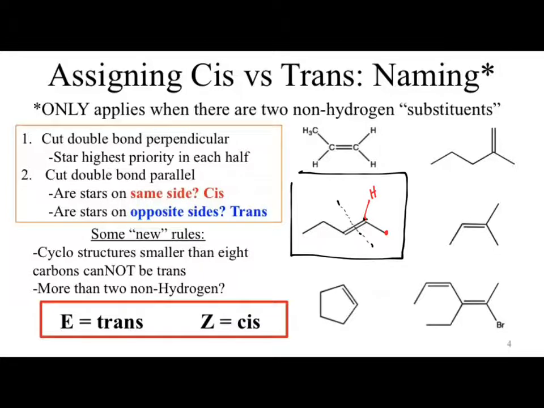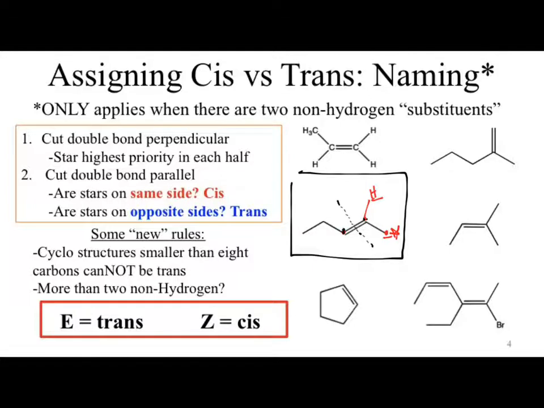Okay? We're now going to compare hydrogen to carbon, the atom immediately bound. Is there a difference in atomic weight? Or atomic number, sorry. Yes, which one has the higher atomic number? Carbon, so we will star the carbon. Okay, we'll now move to the other side. There's our double bond carbon. We want to know what things are attached to it.